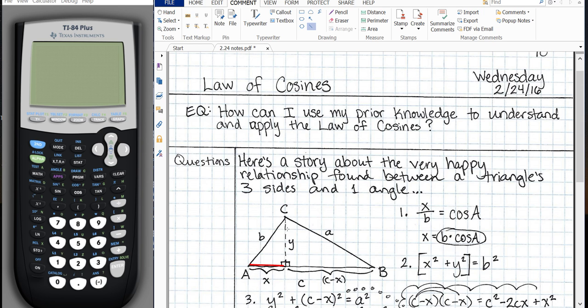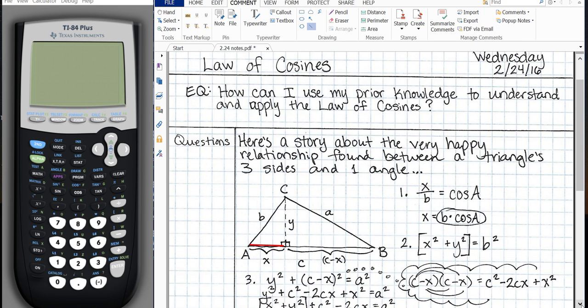Because this line that we drew in here, y, is a perpendicular, it has a right angle that we can utilize. Here x and y are our legs, so we can do x squared plus y squared equals b squared. So that's step 2, short and simple.